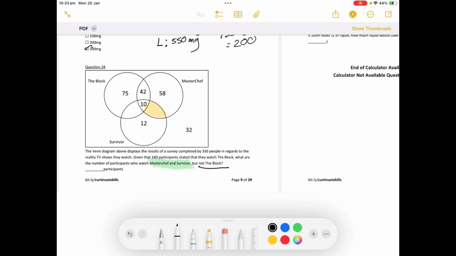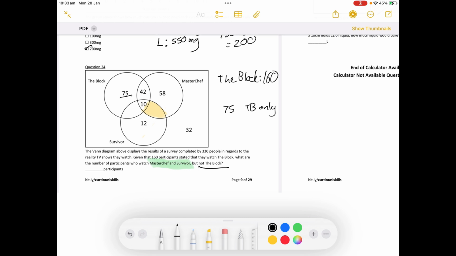160 people stated that they watched The Block, okay? So The Block has 160 people that watch it. There's 75 people that watch just The Block. So 75 people from there. I'm just going to write TB for The Block.